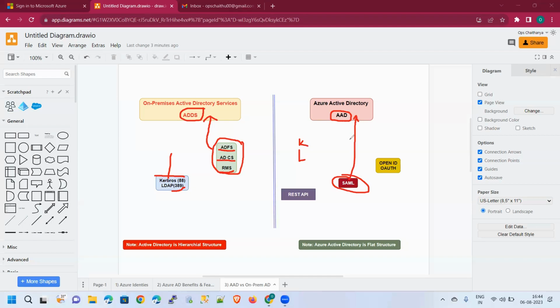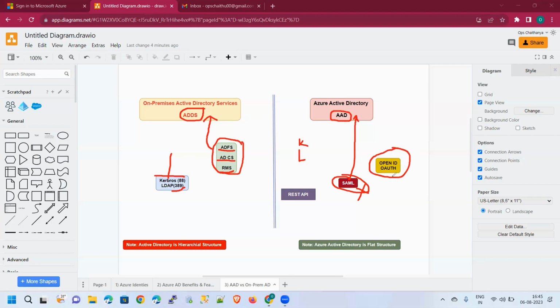Okay, let's take another scenario. Let's say your application is not compatible with SAML. If an application is not compatible with SAML, you can go ahead with OpenID or OAuth.